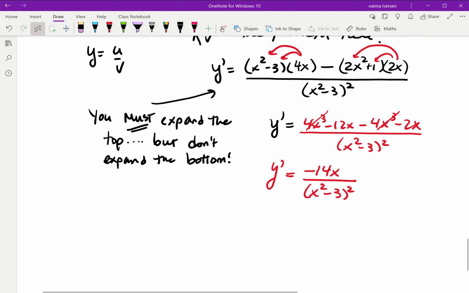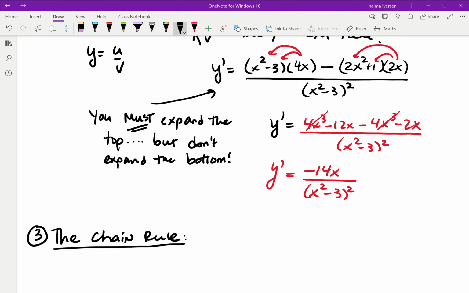All right. So now the third rule that I'm going to be taking a look at is something called the chain rule. And from now on, you are no longer going to be doing any derivatives unless you have the chain rule with you.